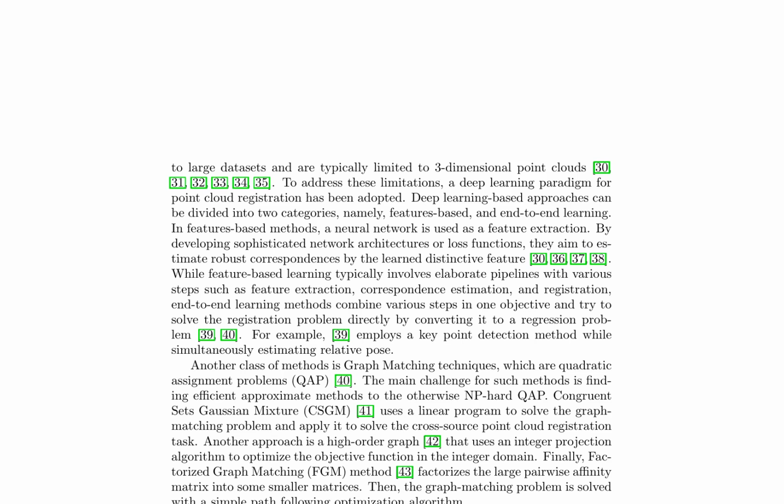Point cloud registration methods, traditionally limited to three-dimensional point clouds, have been enhanced by incorporating deep learning paradigms to address scalability issues. These approaches can be categorized into two types: feature-based and end-to-end learning. Feature-based methods employ neural networks for feature extraction, aiming to estimate robust correspondences through sophisticated network architectures or loss functions.